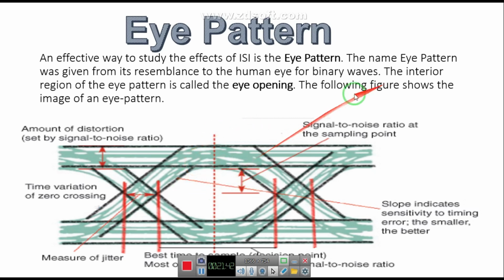So if in an examination it is asked, you have to draw this waveform, and see, this is called what? Jitter, and this tells you the amount of distortion, that is your signal to noise ratio, and this slope tells you the sensitivity. Just as I told about the timing error, the smaller the better.